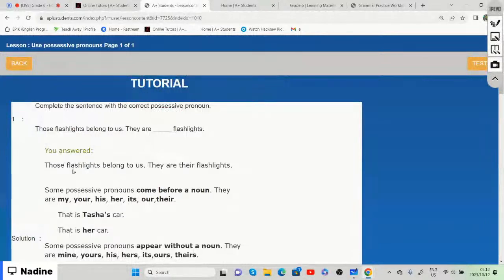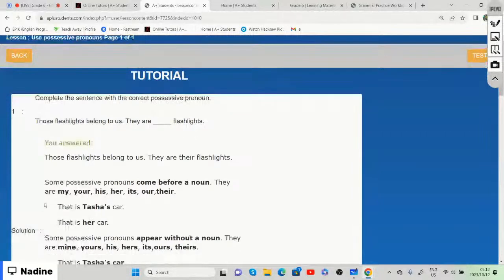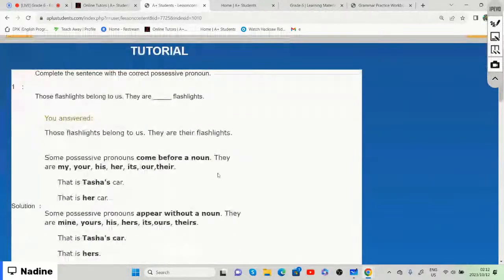All right, so we are going to use possessive pronouns. Some possessive pronouns come before a noun. They are my, your, his, her, its, our, and their.